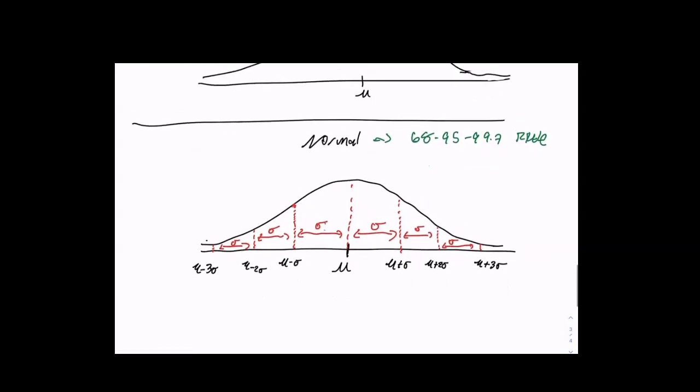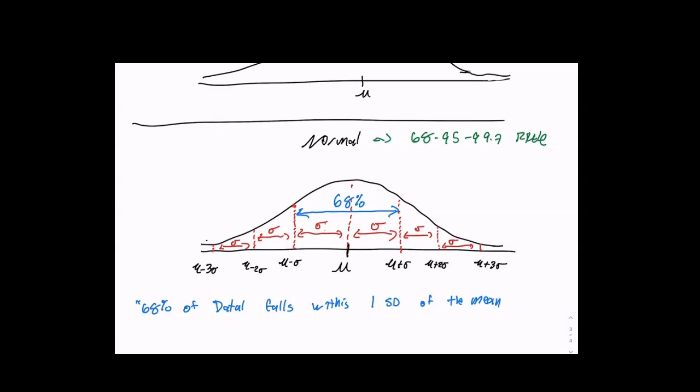Now, what makes it normal? I'm going to redraw this again. When I say the 68, 95, 99.7 model, it means that between one standard deviation, we expect 68% of the data to fall within one standard deviation of the mean.